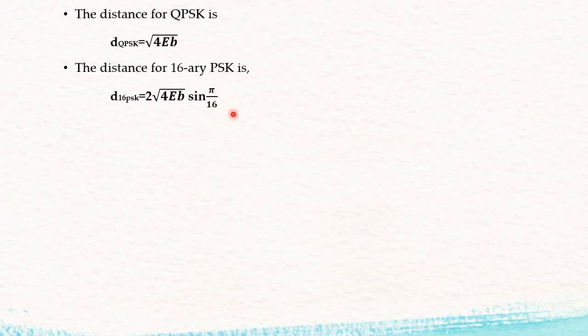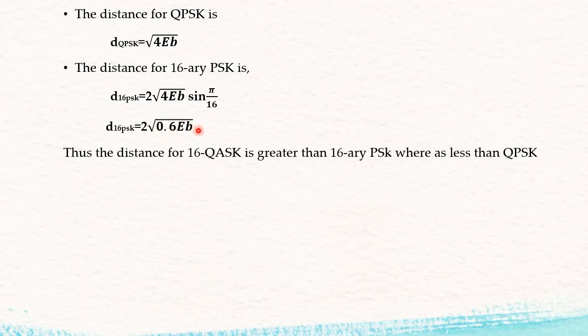So this was the formula considering the M-ary PSK, and this one is the formula for QPSK. Now, if you solve this particular equation for 16-ary PSK, the distance is, I have just taken pi by 16, so it comes out to be 0.6 EB. Thus, the distance for the 16 QAM is greater than the distance for a 16 PSK, whereas it is less than the QPSK.